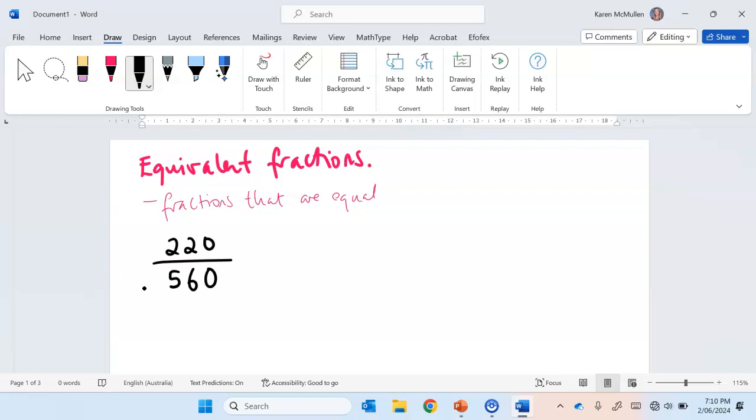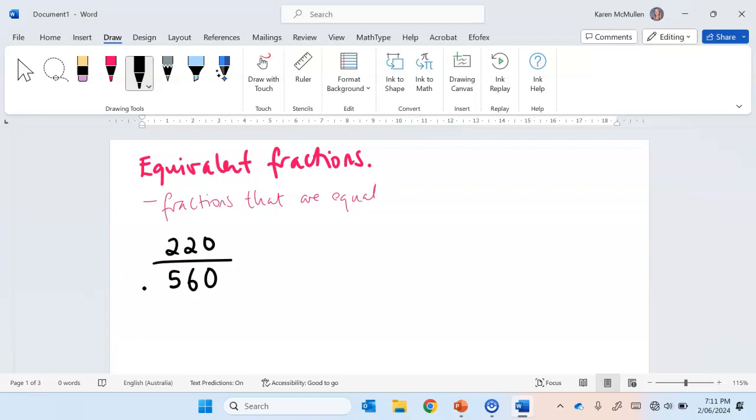Well, how is that simplified? How can we actually see what that looks like? So when we're simplifying fractions, it's actually the same as doing equivalent fractions. They're still the same.